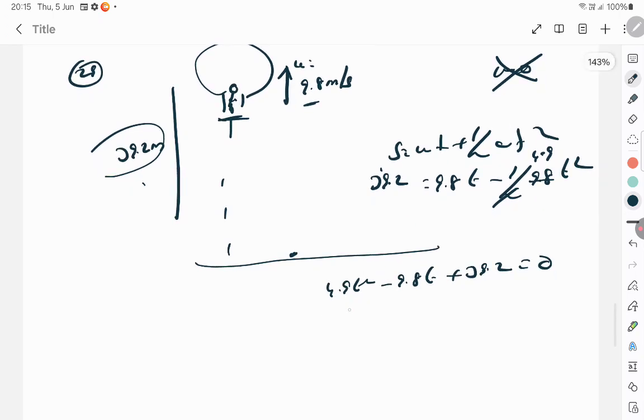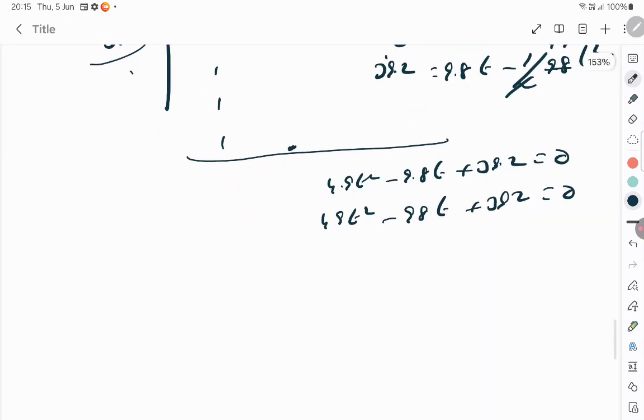Can I cancel this entire thing with the 10 table? Multiply: 49 t square minus 98 t minus 392 is equal to 0. Can we cancel the entire thing with 49 itself? Okay, 49, this is 2, and 49 into 8 is 392. So therefore this will be with the 8 table.